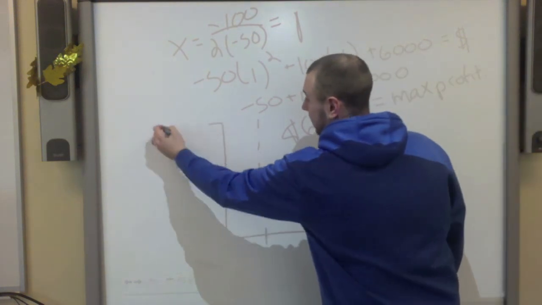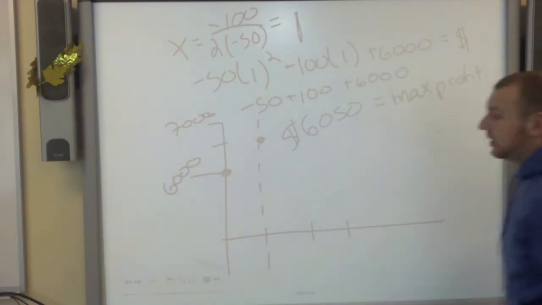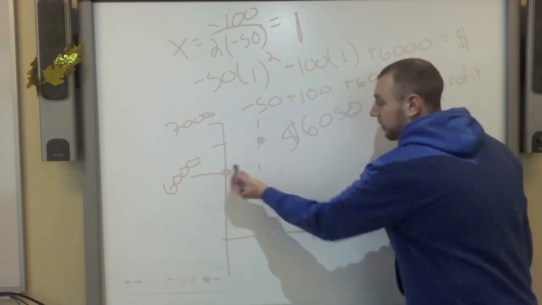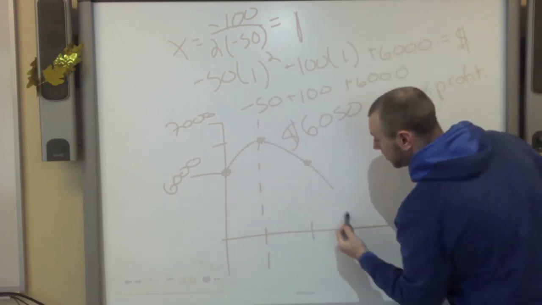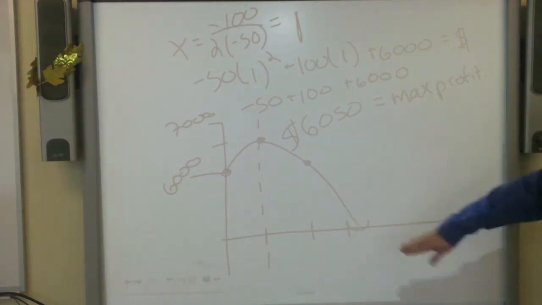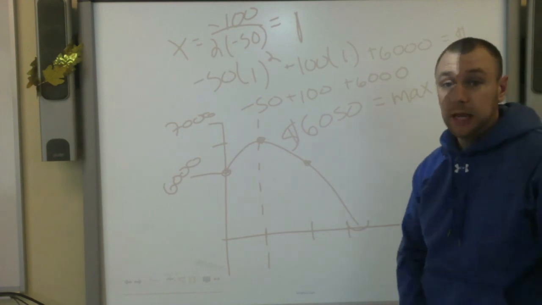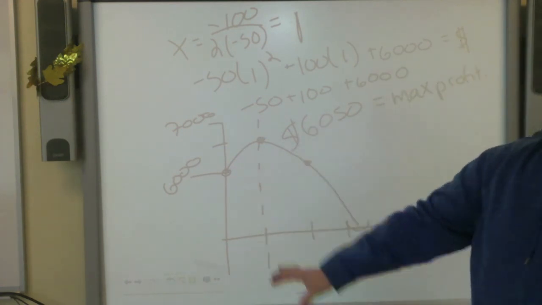My vertex is at 6,050. I reflect this over, and I can graph it so that I can see that I shouldn't go past this point if I want to maximize my profits. And that's how you maximize profits. That's how you graph those things.